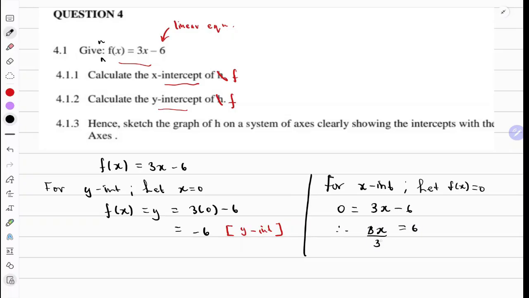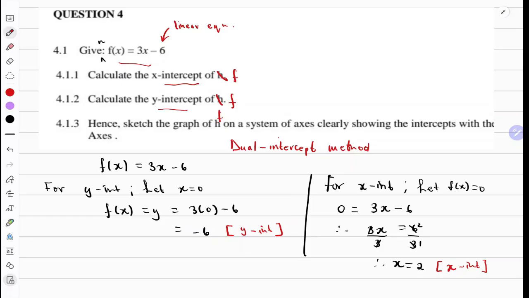Divide throughout by 3. 3 and 3 cancel. 3 goes in there once, 3 goes in there twice. Therefore x should be equal to 2. And this becomes your x-intercept.